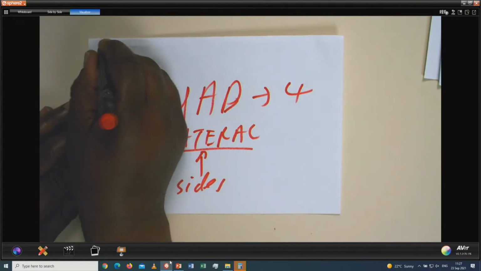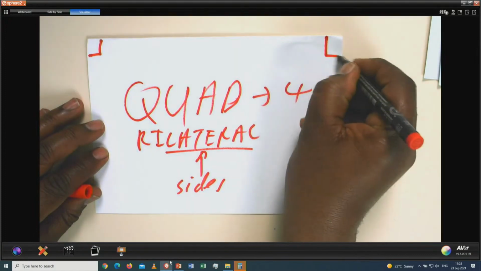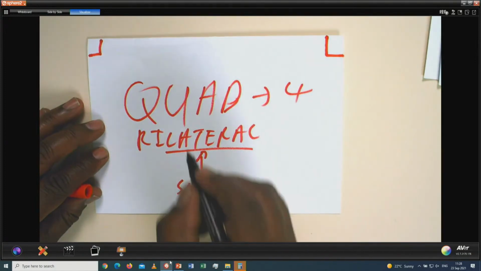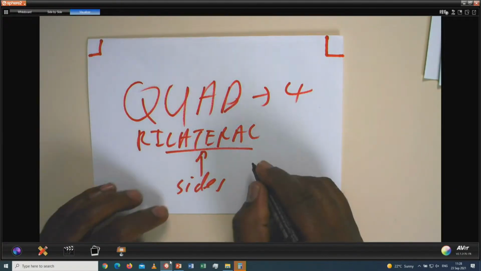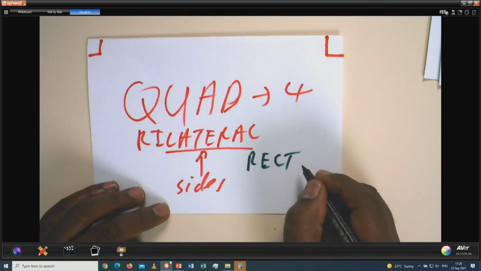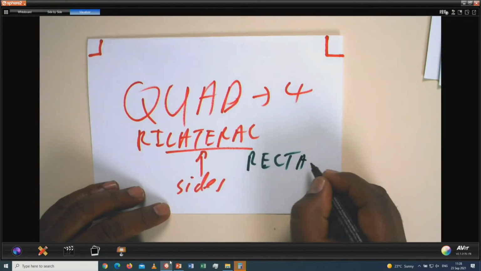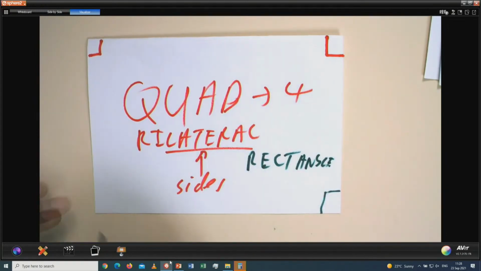And of course, remember your angles here. This particular one is called a rectangle, because of 90 degrees, because of a right angle. Those right angles, and of course, we know a right angle equals 90 degrees.